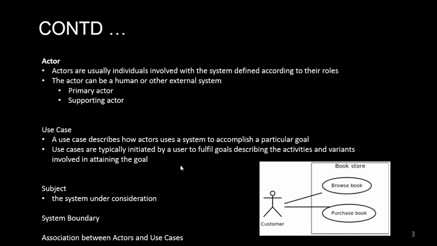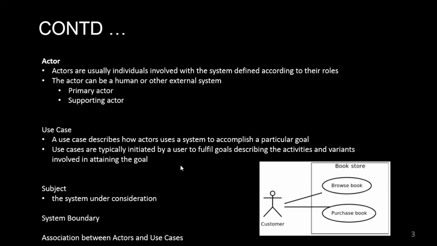Then there are two types of actors in a use case diagram: primary actor and supporting actor. So what's a primary actor? They are the principal users of the system who fulfill their goal by availing some service from the system.